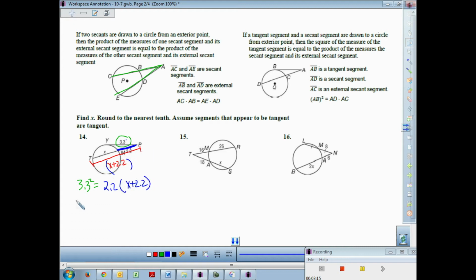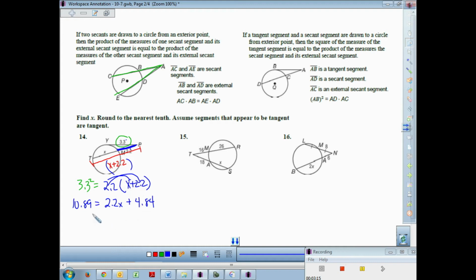So let's do the distributive property and a little bit of cleanup. 3.3 squared, we can punch that in and get 10.89, and that'll equal 2.2x plus 2.2 times 2.2, which is 4.84. So we did a little distribution right there.